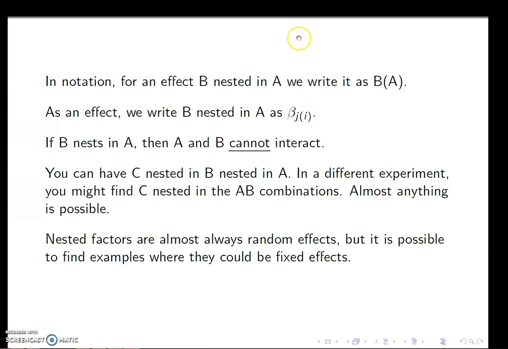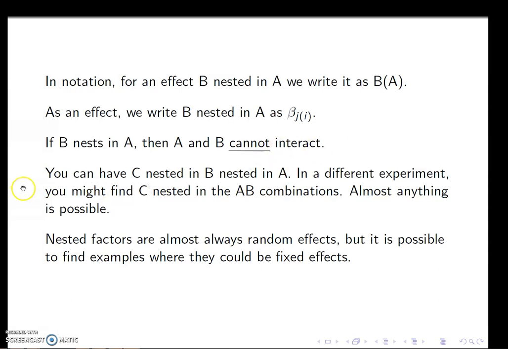Again, here, think about mating cows with bulls. If an I is a particular bull, then there's a different set of cows that are mated with that bull. If B nests in A, then A and B cannot interact. That doesn't make sense here.